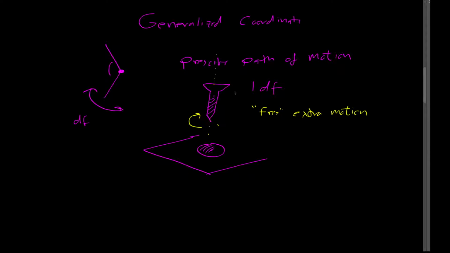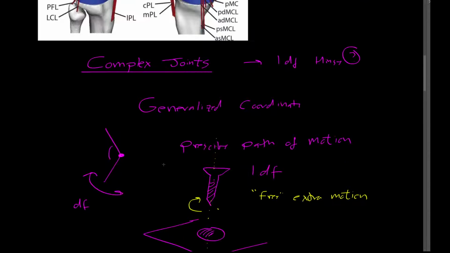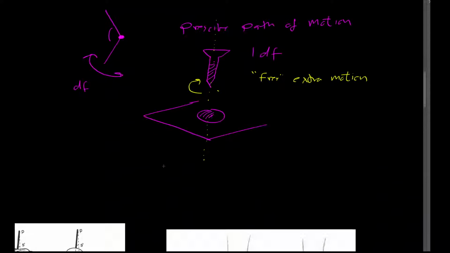So just like using only 1 degree of freedom, meaning how far we've threaded the screw into the hole, has allowed us to collapse a complicated system into one number, we can use this idea of a generalized coordinate or a generalized joint angle to describe something more complex like the knee joint.